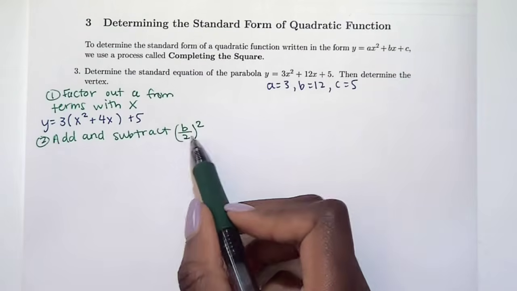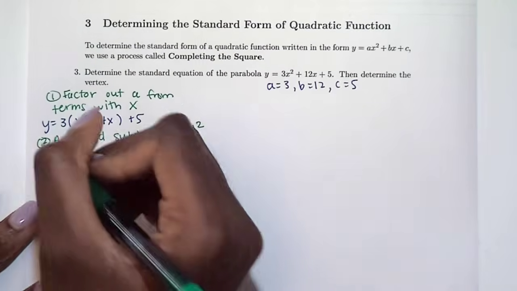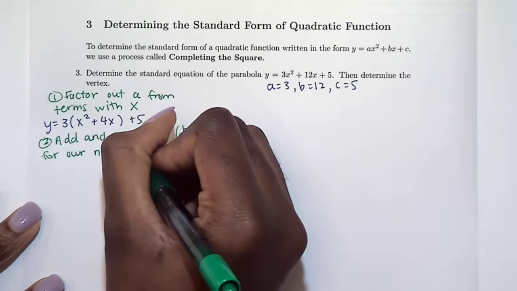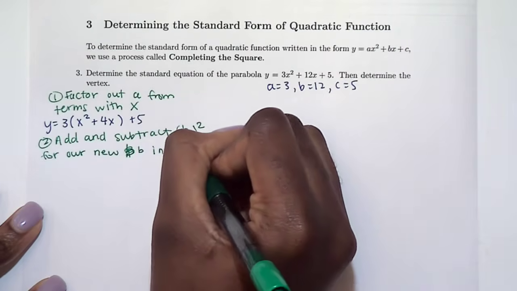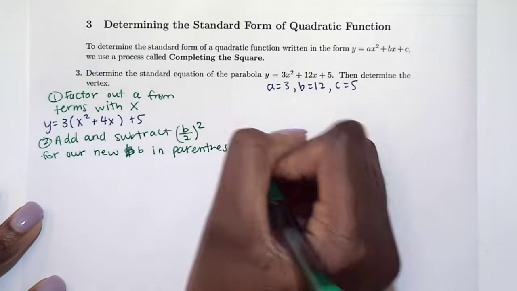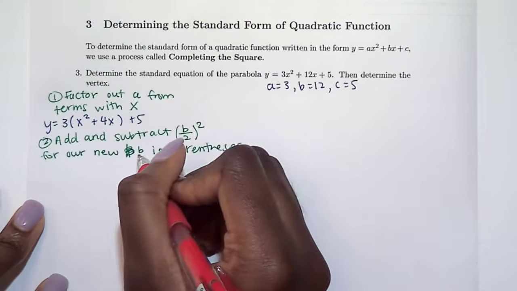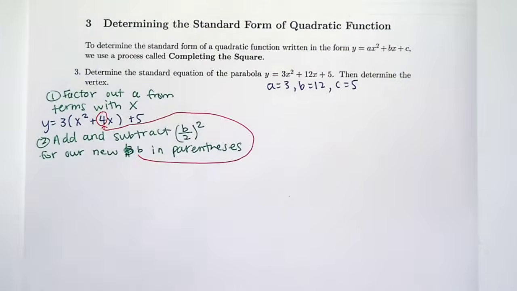All right, and so this b is actually not going to be our original b, it's going to be the new b, in parentheses. So this is the b we're talking about now, 4, after we factor things out. All right, so we're going to add and subtract 4 divided by 2 squared inside our parentheses.